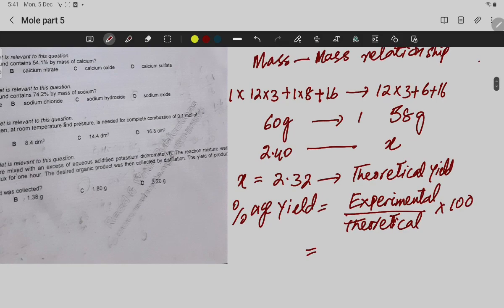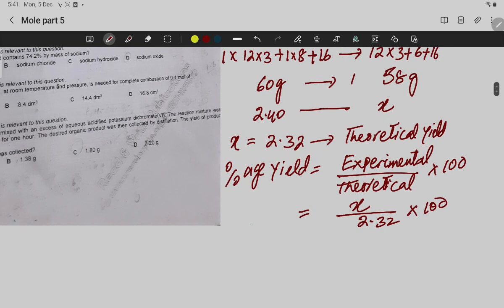Experimental is unknown, x, divided by theoretical 2.32, into 100 is equal to 75%.